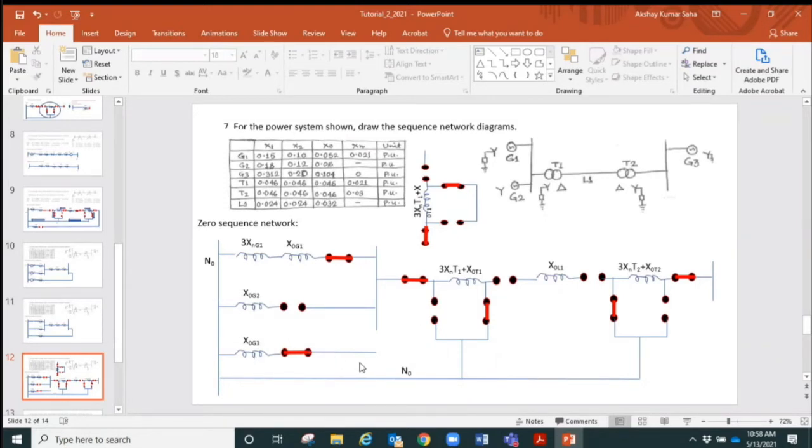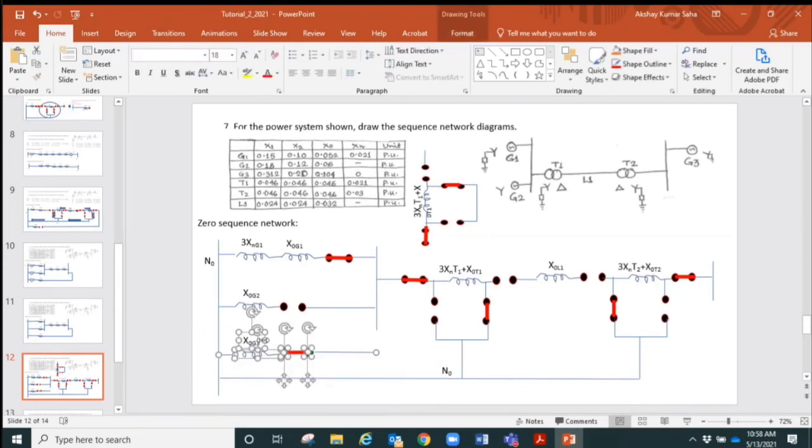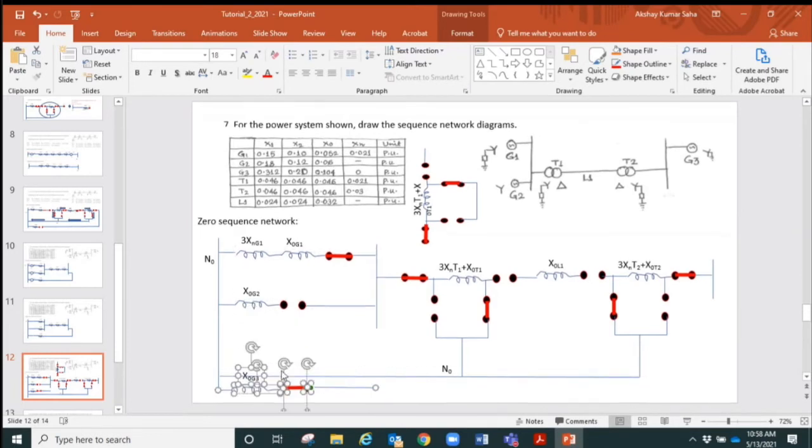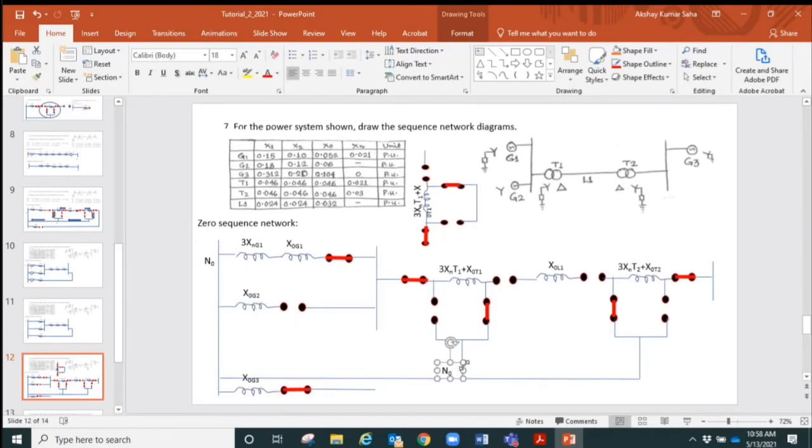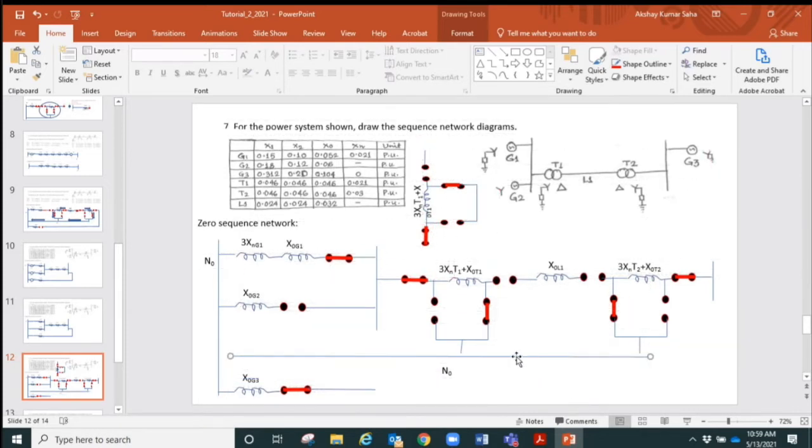Let me redraw it so that it doesn't overlap much. Let me just redraw it here. So that is now connected to this bus bar.